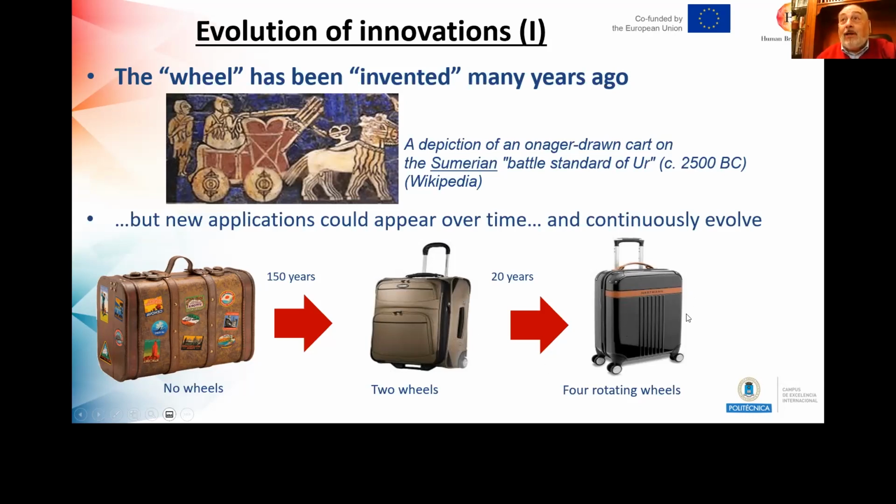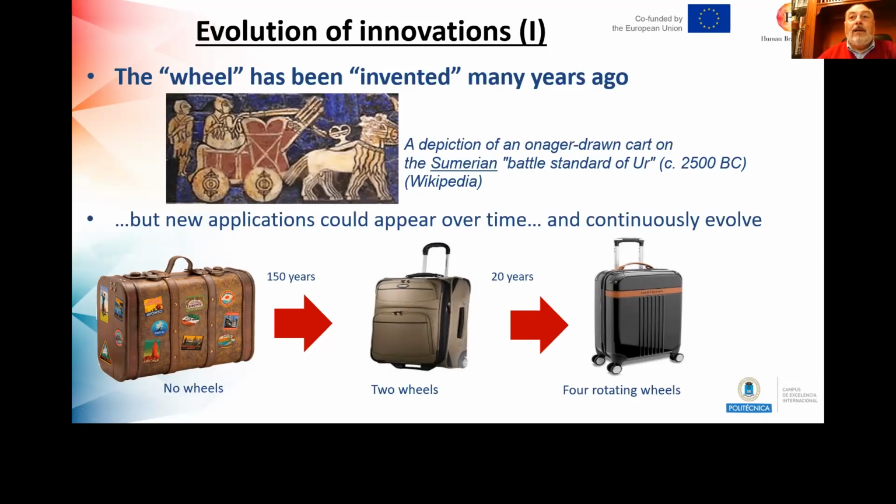Maybe the material here is also another innovation, because you are looking for less heavy luggage, and then you could change the material even to have more resistance to rain or other weather conditions. Okay, then again, give the message: innovations could appear in the market, but not necessarily remove the old ones.